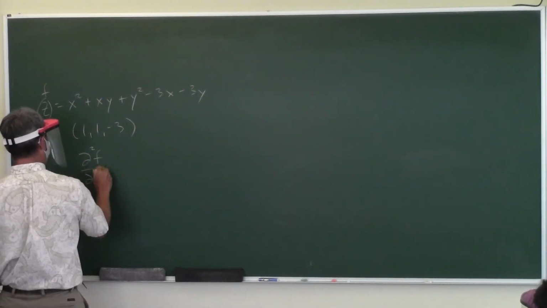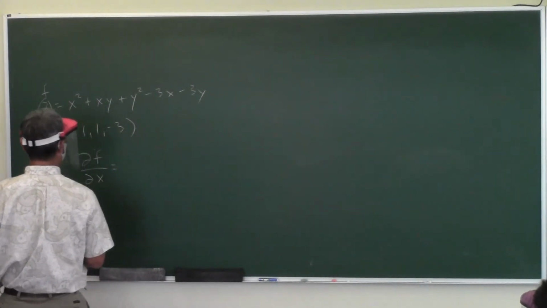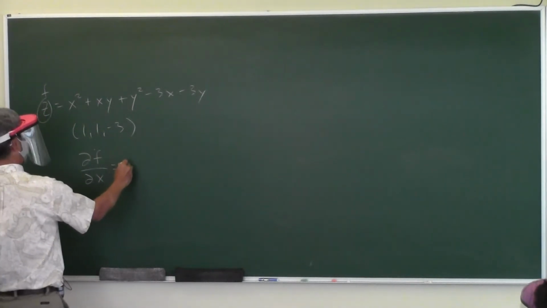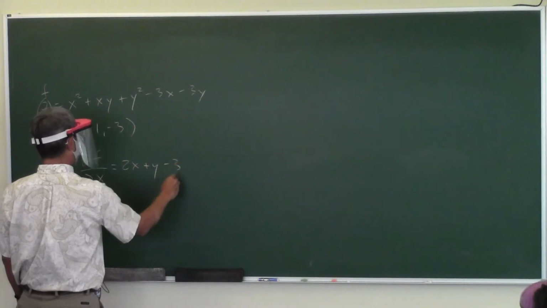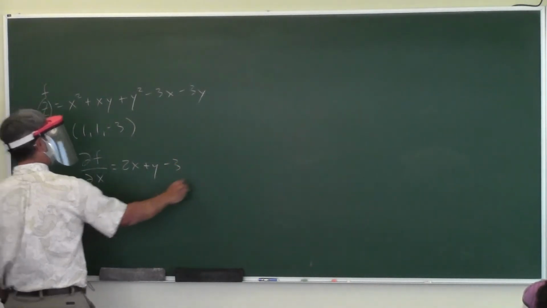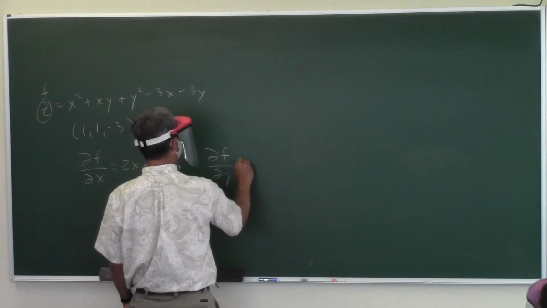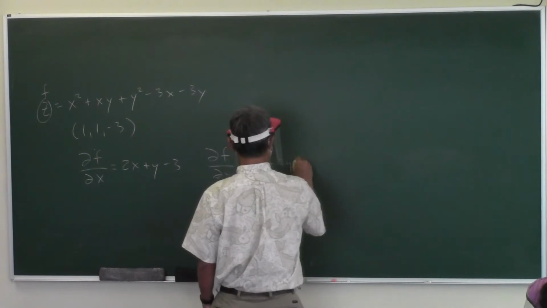The partial of f with respect to x. Well, we have to do one at a time. So what's the partial of f with respect to x? 2x plus y minus 3. Okay, and then the partial of f with respect to y: x plus 2y minus 3.